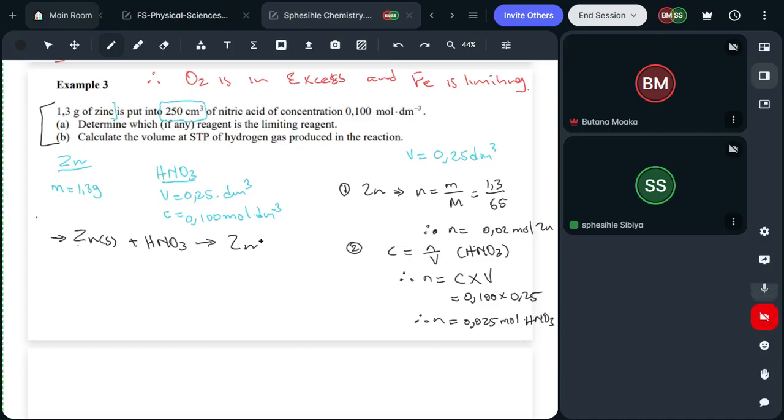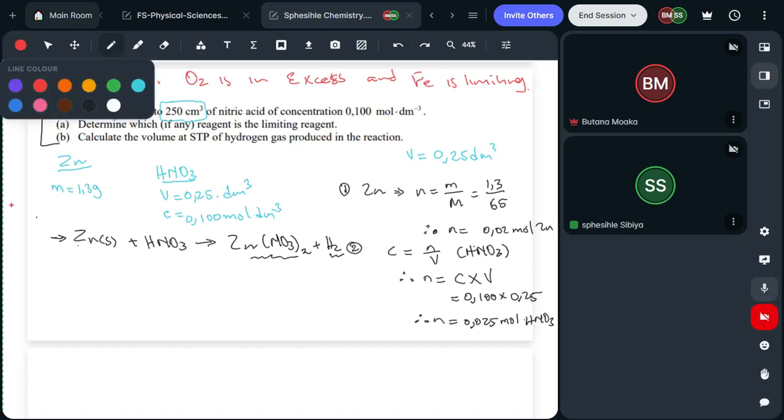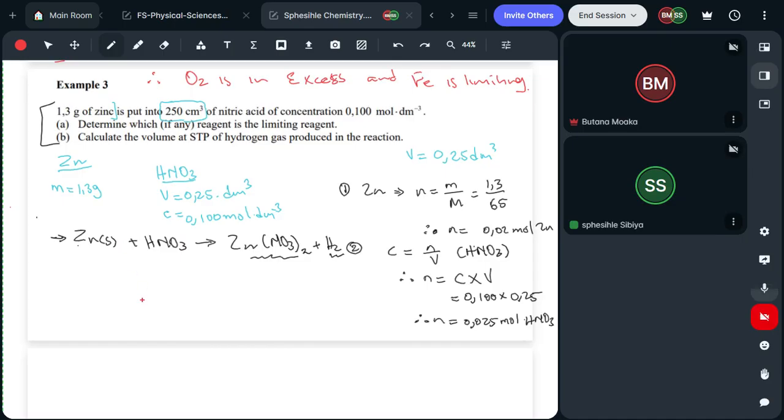The Zn will be paired with NO3, and then this is a diatomic. Then we add the H2. Now this one is in aqueous solution, and this one is a gas.